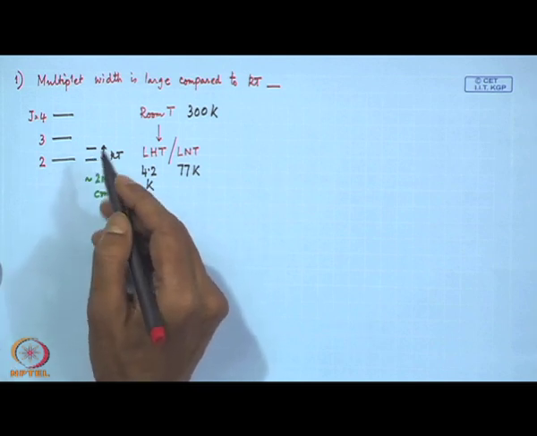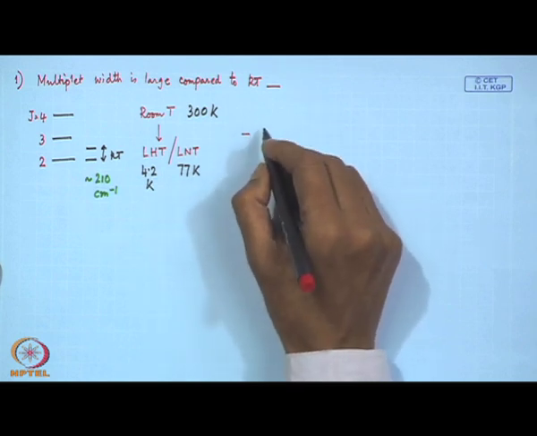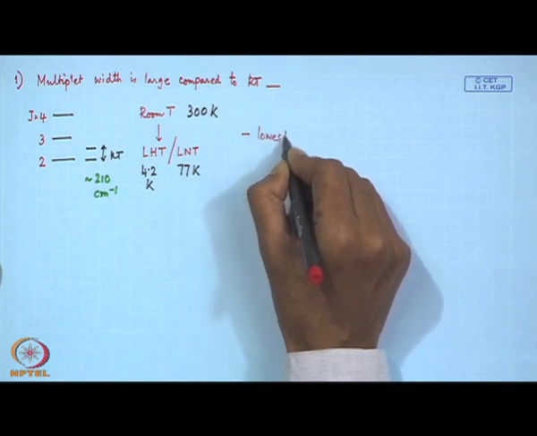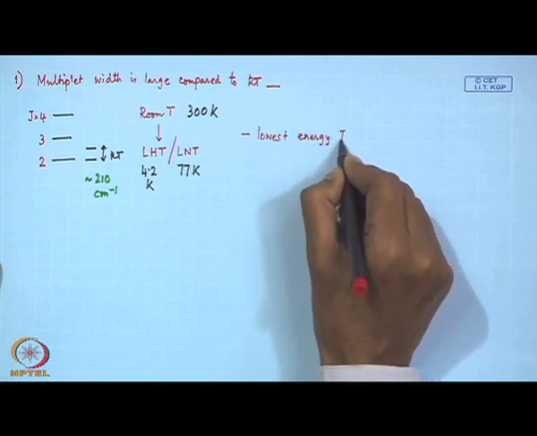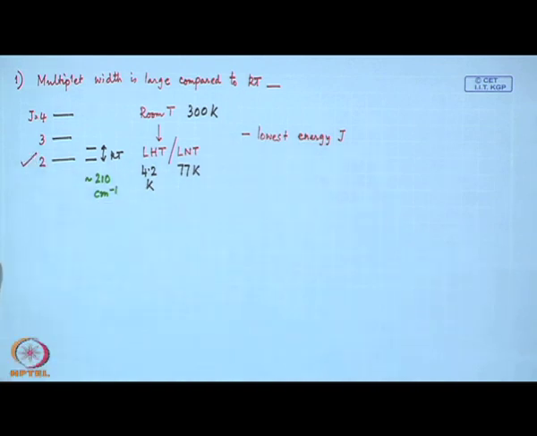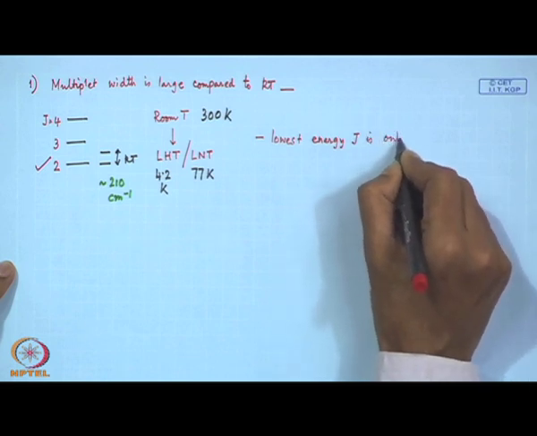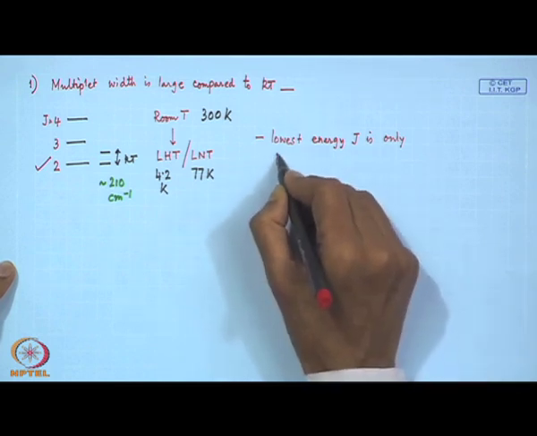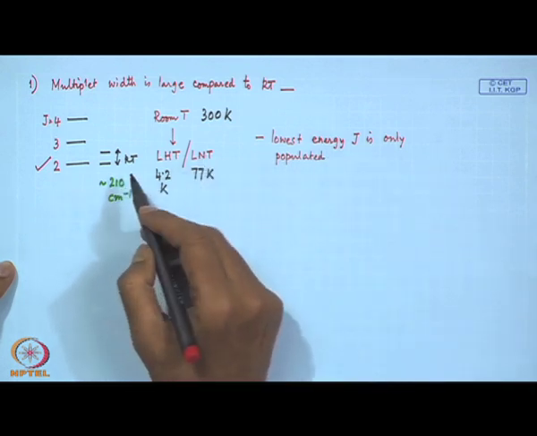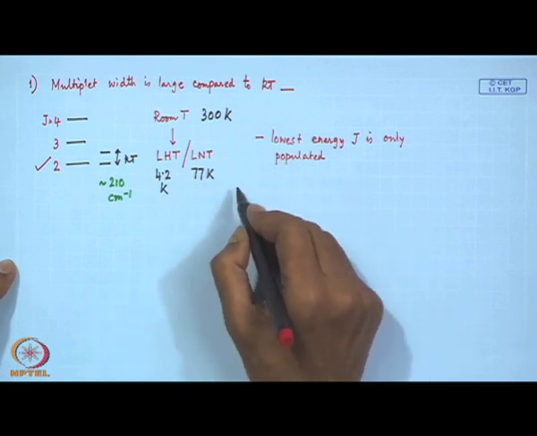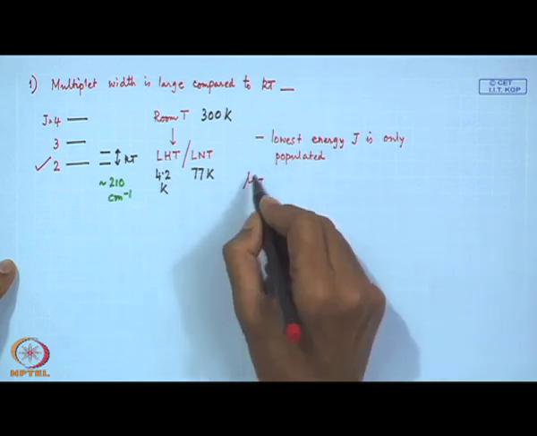In this case, only the lowest energy J level is populated, and J is now a good quantum number instead of L and S. So, the entire magnetic moment can be controlled by the corresponding mu J value.